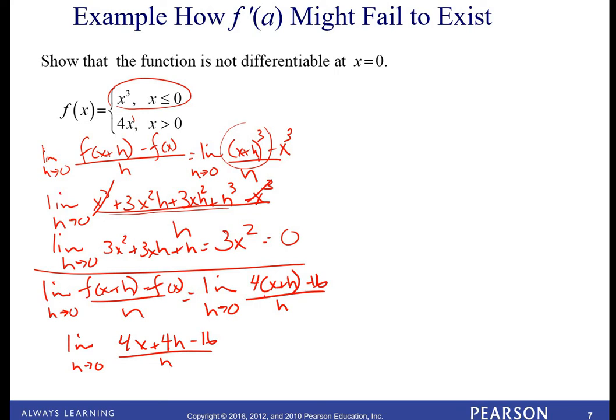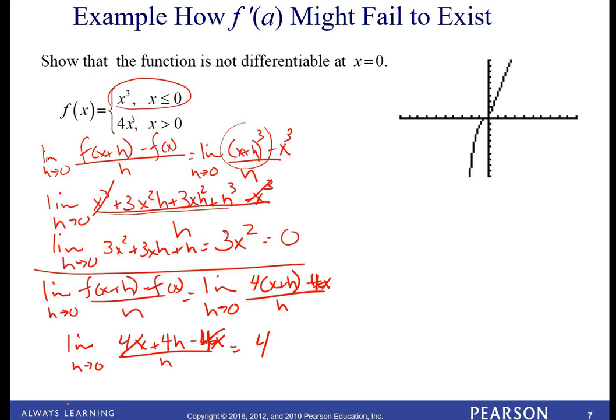Oh, I'm sorry, f of x, not f of 4. This should have been 4x, those cancel, and this is 4 no matter what value I plug in for x.